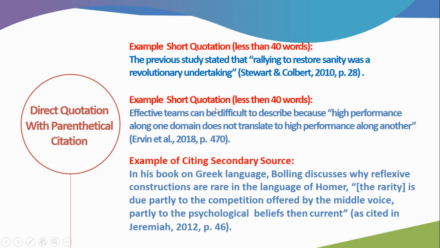Okay, now let's go for the next example. If you have a short quotation but you have six authors and above, for either the initial citation or the subsequent citation, you need to have the first author's surname only, followed with et al., "et," a space, "al" dot, a comma, the year of publication, 2018, a comma, and P for the page number, P dot, a space, and the page number 470, and then a bracket, then the dot.